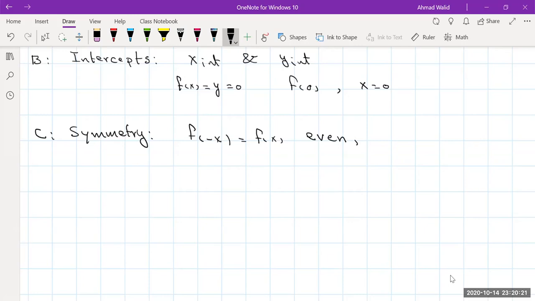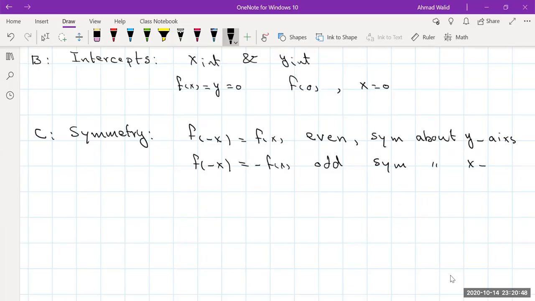And when a function is even, its symmetry is about the y axis, right? And if f of negative x becomes equal to the negative f of x, in this case, you are dealing with the odd function and its symmetry about x-axis.